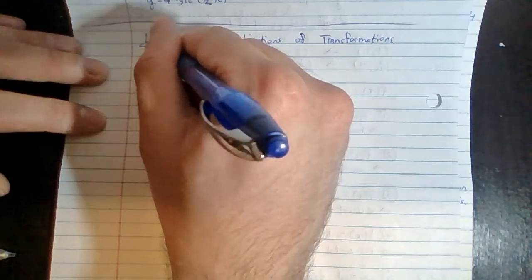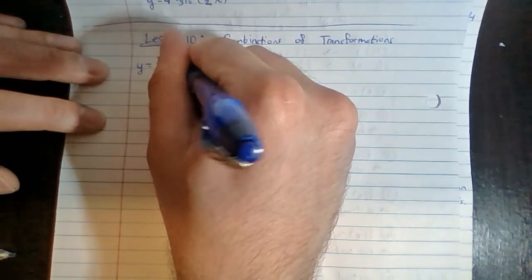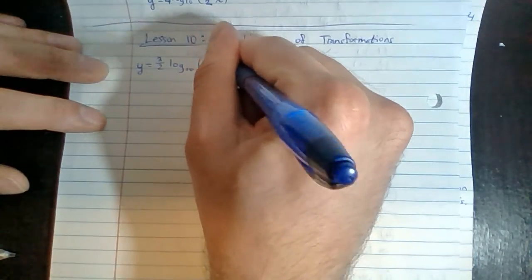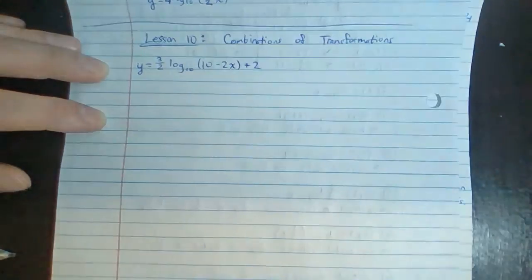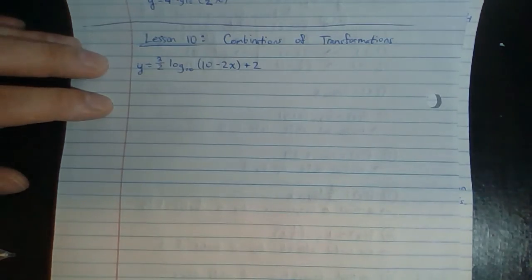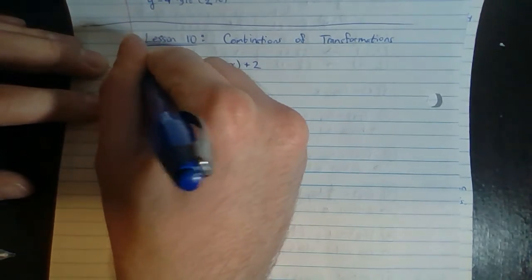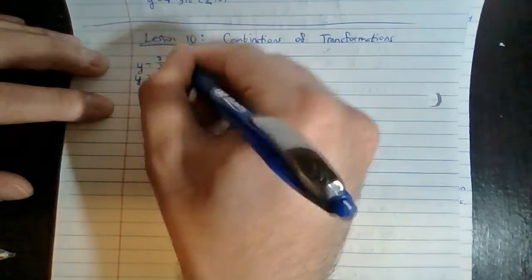this function here. So y equals 3 over 2 log base 10 of 10 minus 2x, plus 2. We can rewrite that a little in order to make some of the transformations a little bit easier. So we'll rewrite the argument.